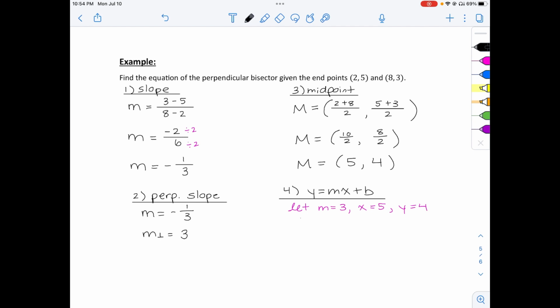So instead of y, I'm going to write 4 equals 3 times 5 plus b, and then I am simplifying and isolating. So this gives us 15 plus b. I'm going to subtract 15 on both sides to isolate. That gives us negative 11 on this side.